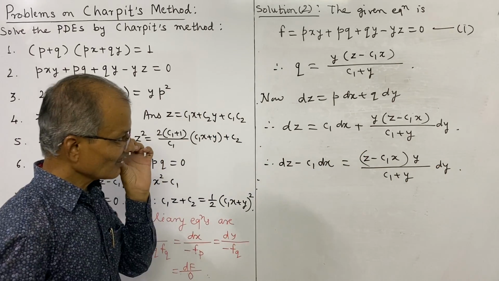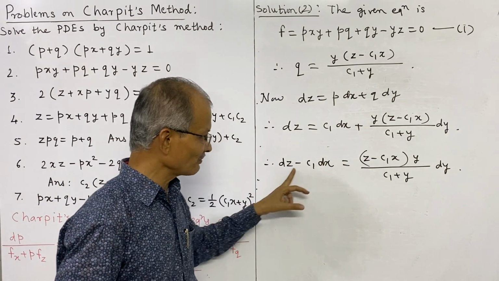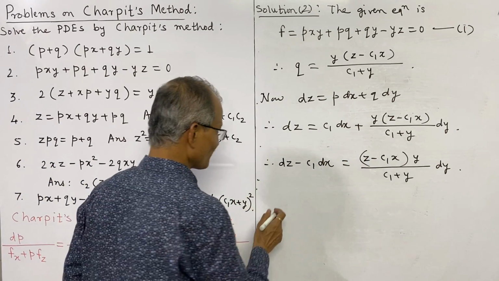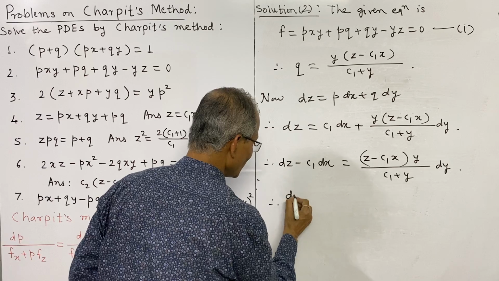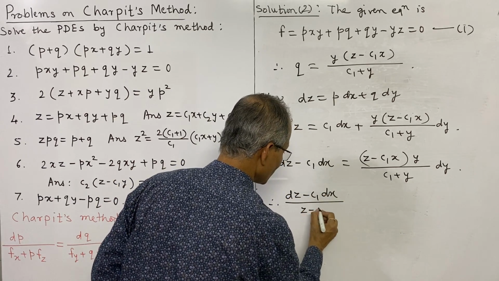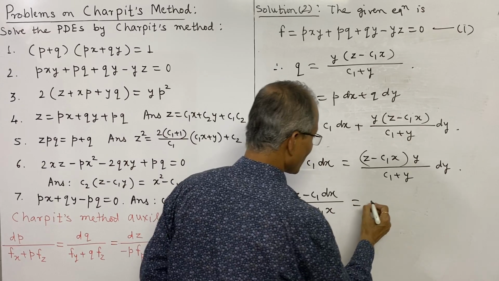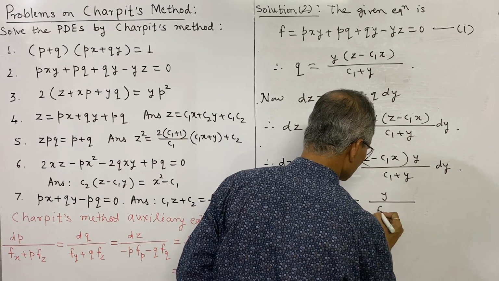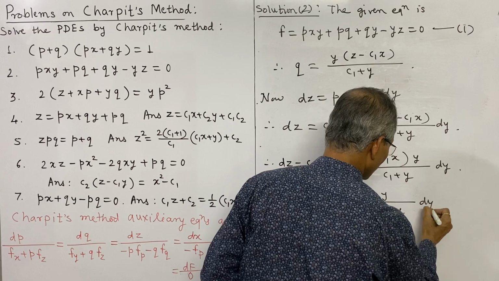Now we may observe this, and this term can be shifted to the left side, so that it is (dz minus c1 dx) divided by (z minus c1x) is equal to y divided by (c1 plus y) times dy.